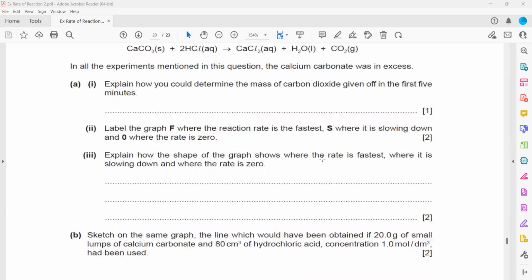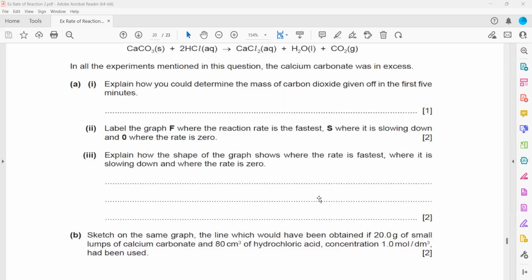Explain how the shape of the graph shows where the reaction is fast, where it is slow, and where it is 0. You have to use the graph here. It is faster because there is a much steeper slope, the gradient, in the beginning. Then it is slow, the gradient is decreasing. The rate depends on the slope.